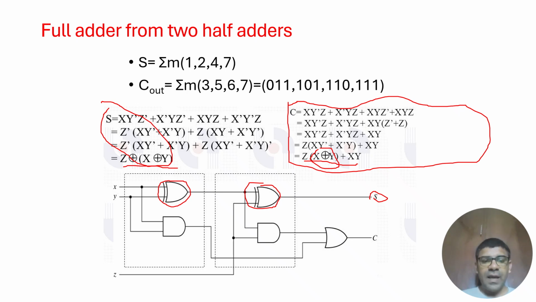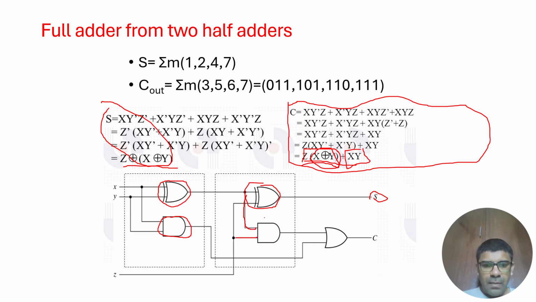For getting the carry output, the first AND gate is used for xy, a two input AND gate. Then we should get x XOR y into z. Already we have x XOR y, so that should be connected, then the z input is connected.